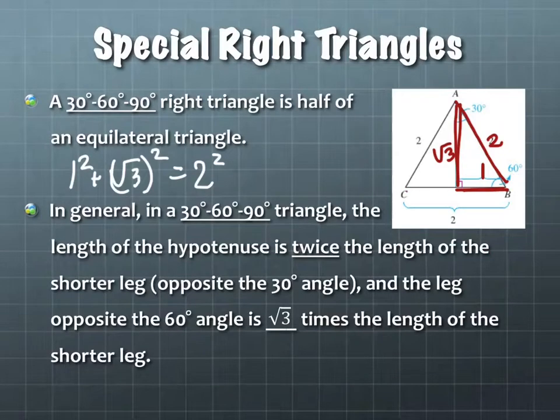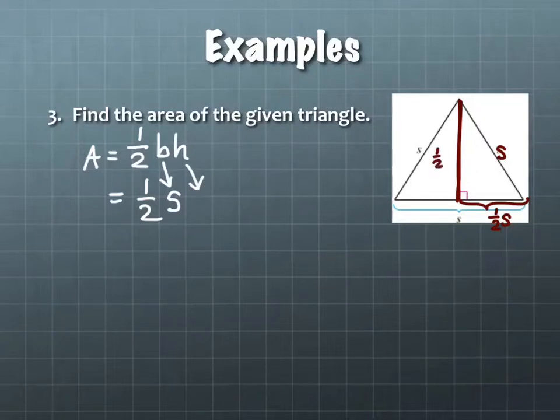And over here it says that I would need to multiply it by square root of 3. So the height here is the 1/2 of the S, and then I'd multiply that by square root of 3. So in particular, what I have is that my height is square root of 3 over 2 times S. Or you could write it as S square root of 3 over 2, if you like.